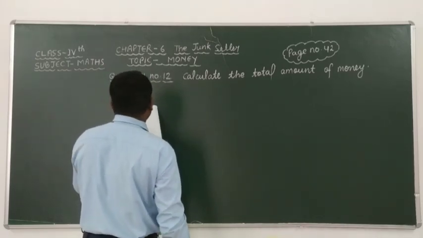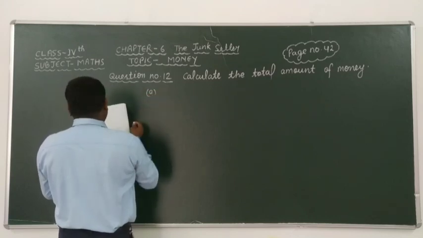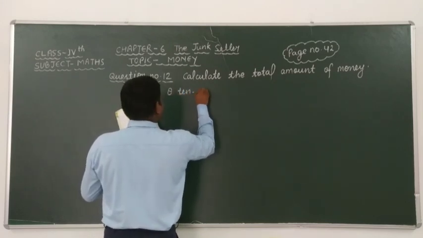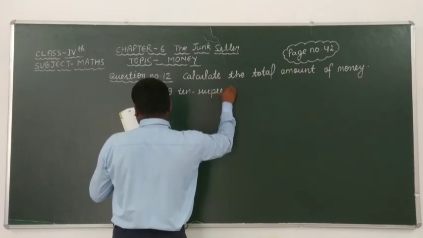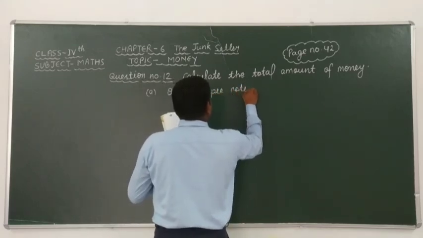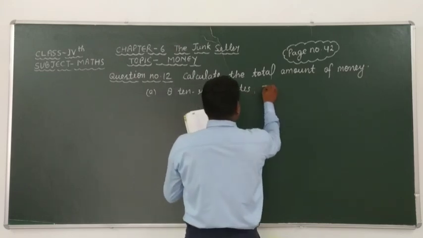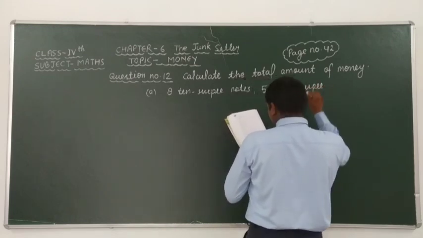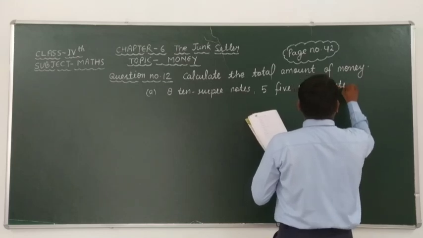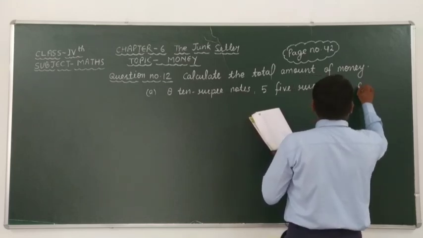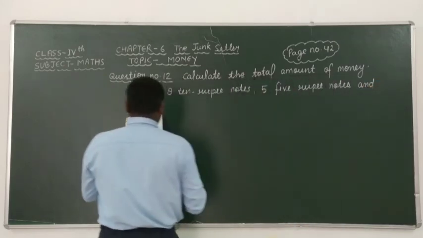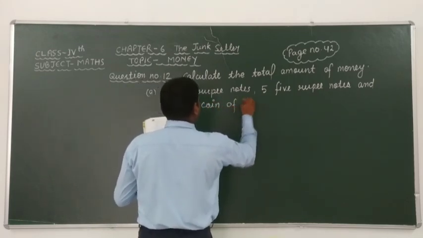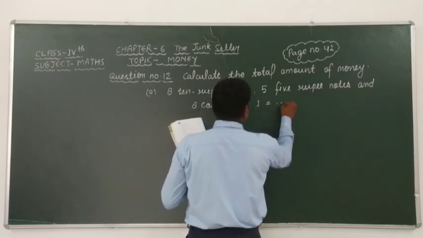Okay, now let's start question number 12 of A. In this question here given that 8 10 rupees notes, 5 rupees notes, and 8 coin of rupee 1 is equal to how many?